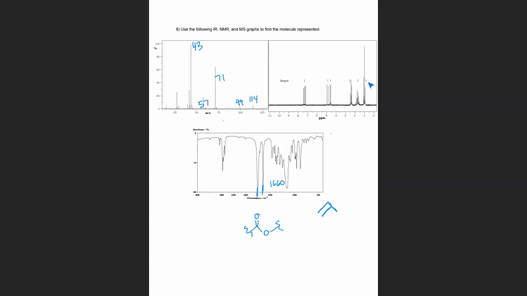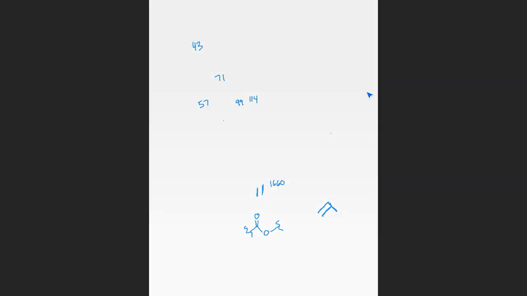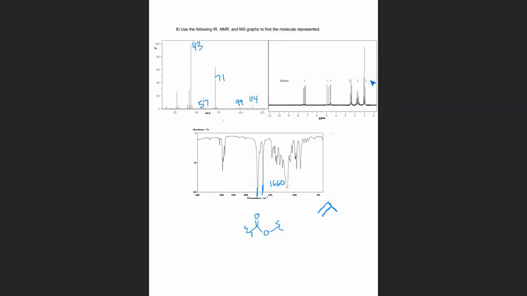We have a 3 hydrogen triplet on the very right. So we could say that we have a methyl with 3 hydrogens. Okay, and it's a triplet, so it's neighboring 2 hydrogens.